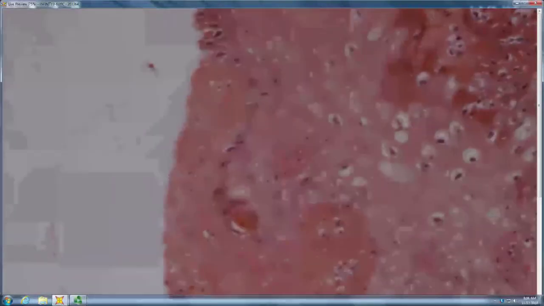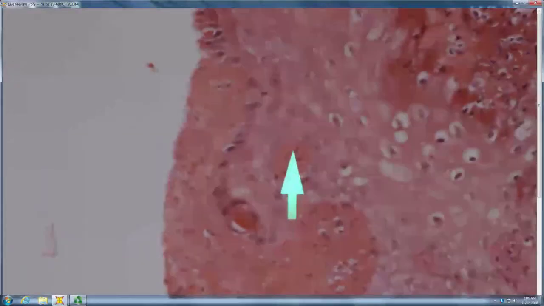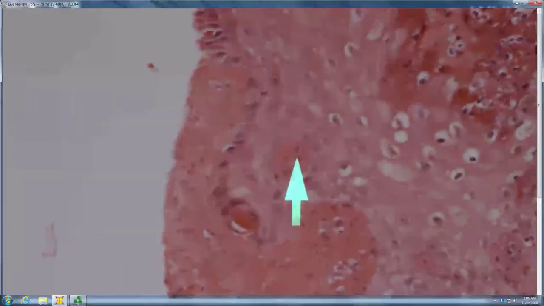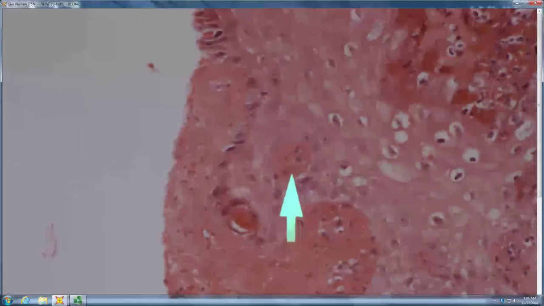Right in here. See these little multinucleated cells? Sure. And try to imagine, if you will, that the chromatin's kind of out towards the edge of those cells.